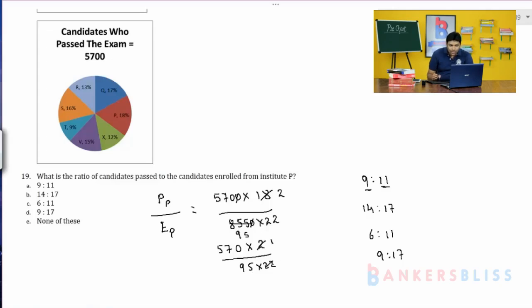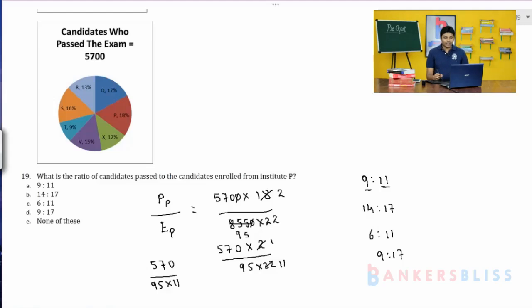2 11s are 22. So how much you got? 570 divided by 95 into 11. Next see here how much you can get. 9 5s are 45, 9 6s are 54.